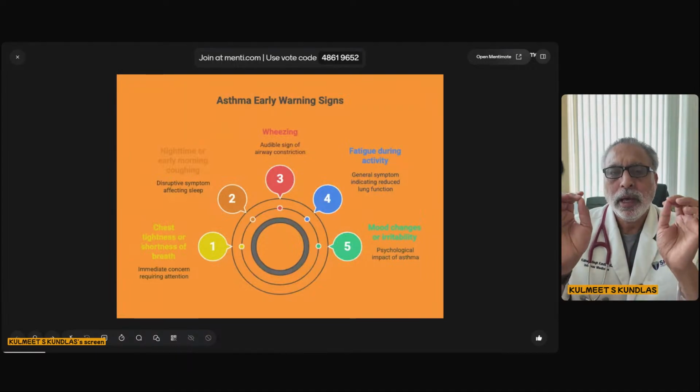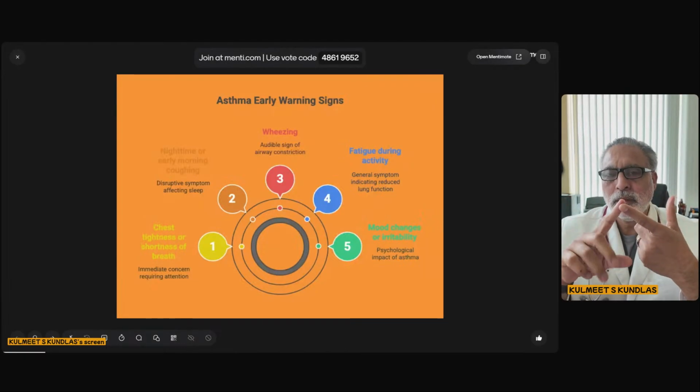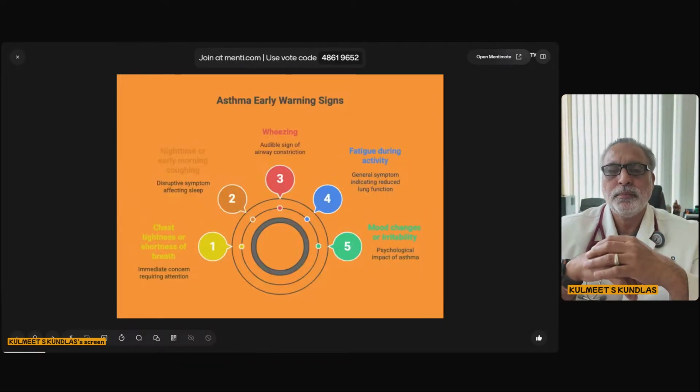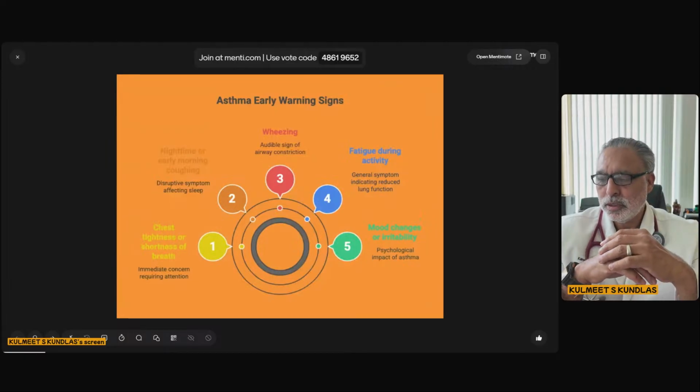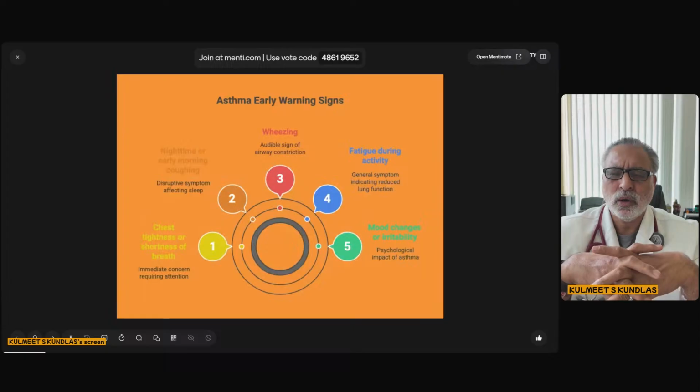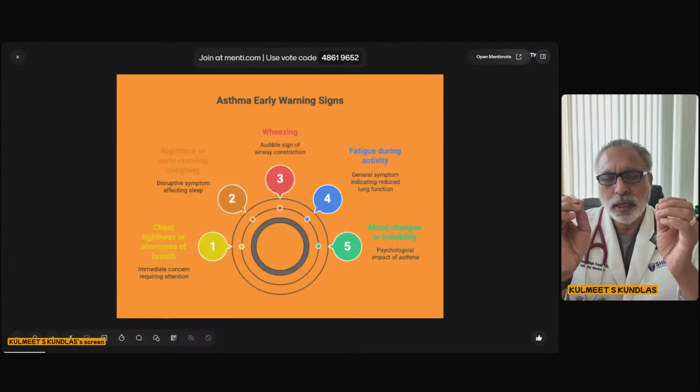But the early warning signs are, for example, when you have an established diagnosis of asthma, what are the things you could look for? Fever, increased sputum production, getting tired, and wheezing. If your peak flows are going down, or if you have a pulse ox and your saturation goes down, as I mentioned, you should pay attention to it. Other symptoms like chest tightness should also get your attention.